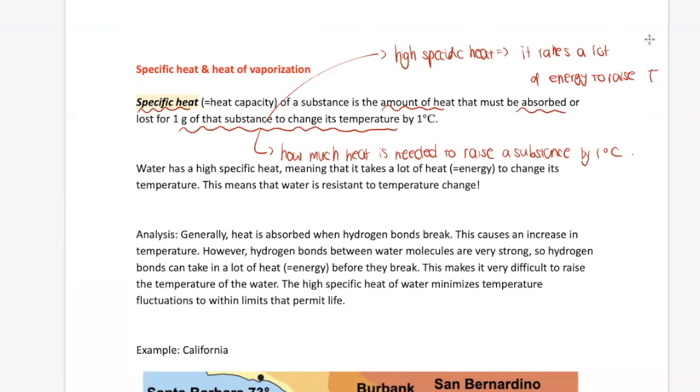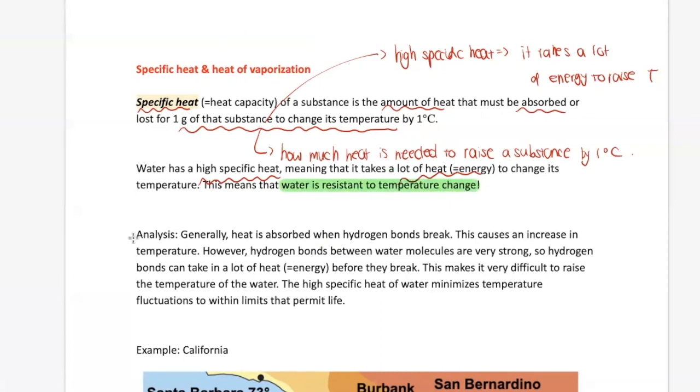And when it has low specific heat, it takes not too much energy to raise the temperature of a substance. The case for water is that water has a really high specific heat, meaning that it takes a bunch of energy to change its temperature. So in essence, water is resistant to temperature change.